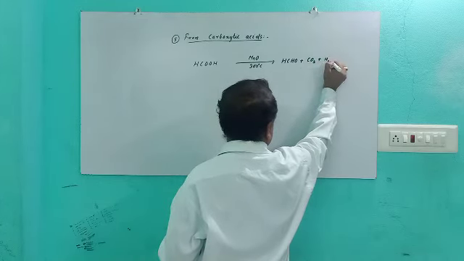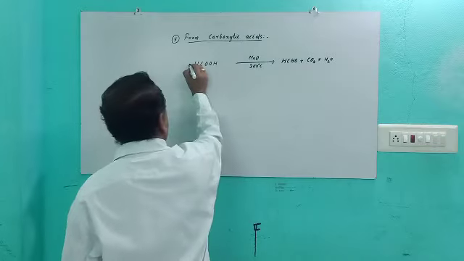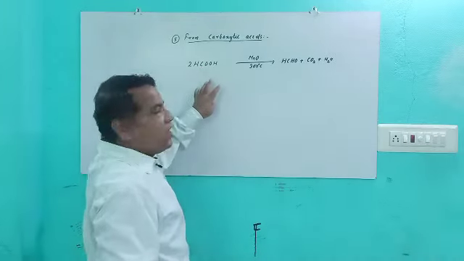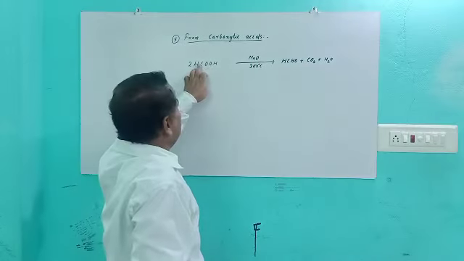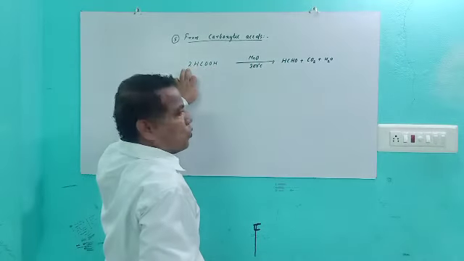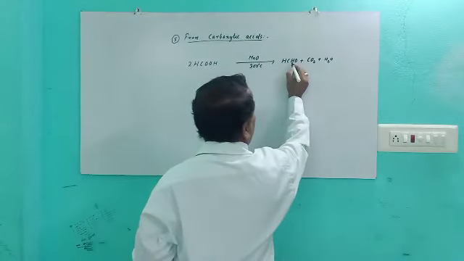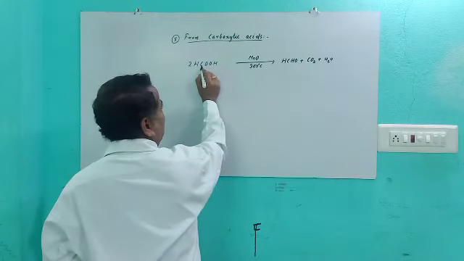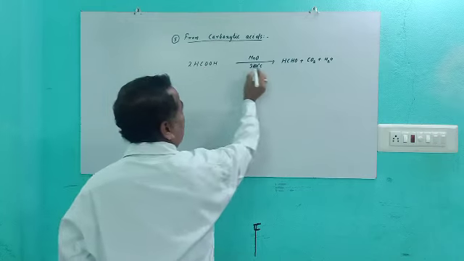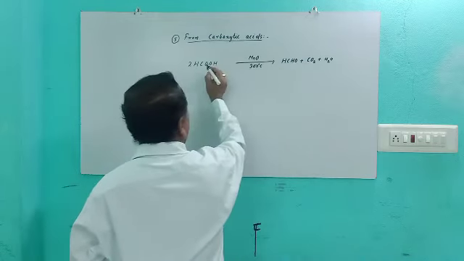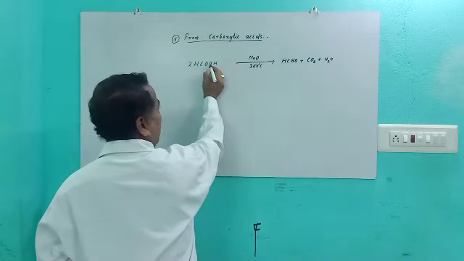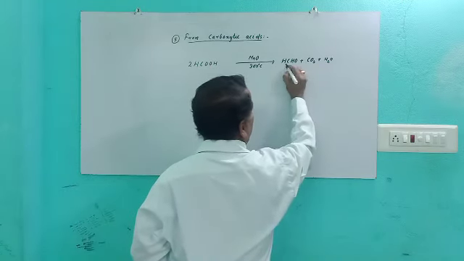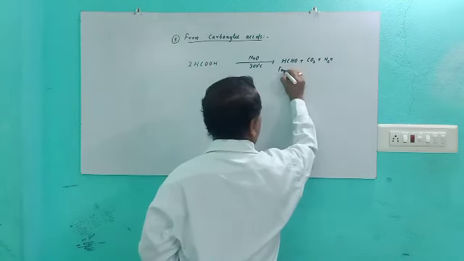In order to balance it, you have to multiply by 2, so 2 molecules of formic acid. Hydrogen: 2 times 2 is 4. Carbon: 1 times 2 is 2. Oxygen: 2 times 2 is 4, and on the right 2 plus 1 plus 1 is 4.